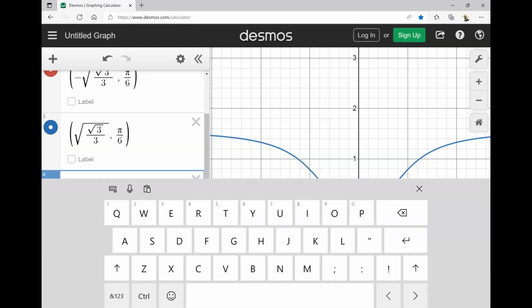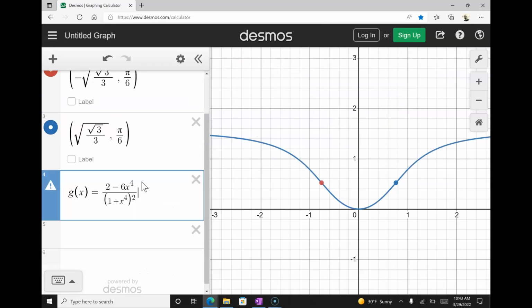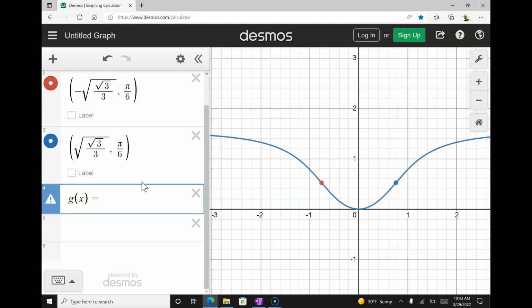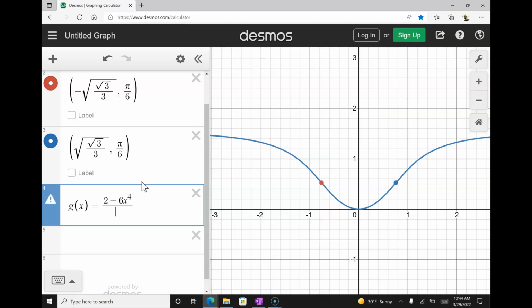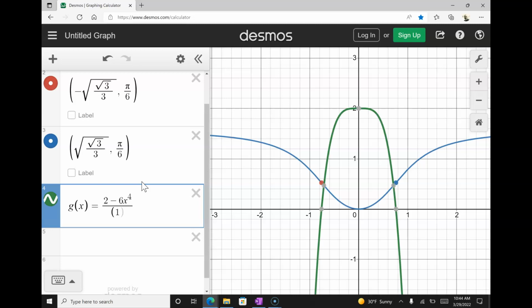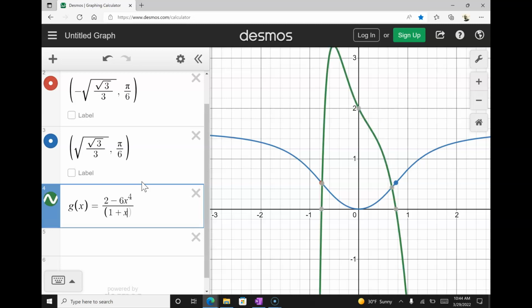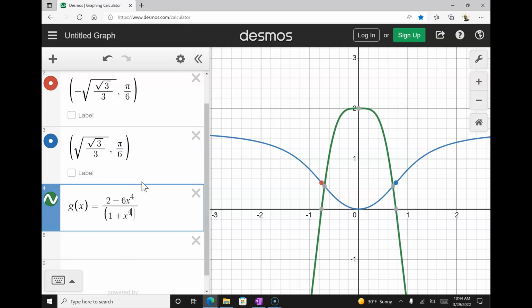Doesn't like something I typed in. Let me just type it again. 2 minus 6x to the fourth, right arrow, highlight, divided by, let me start with my paren, 1 plus x to the fourth, raised to the second. There it is.